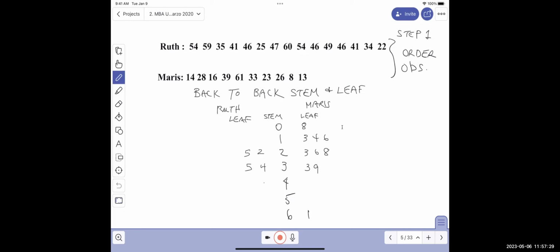Then 41, 41, 46, 46, 46, 47, 49, 54, 54, 59, and 60. And now what you want to see is a symmetry, whereas for Maris, you see that gap.